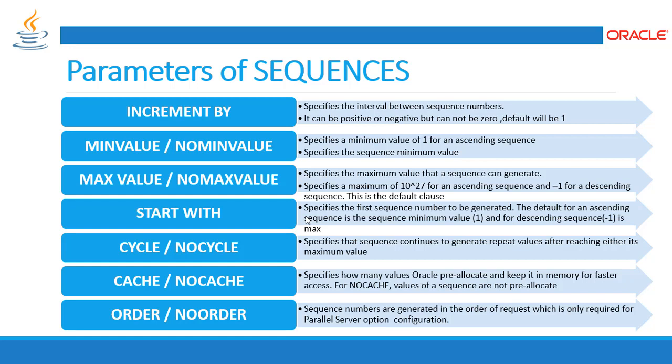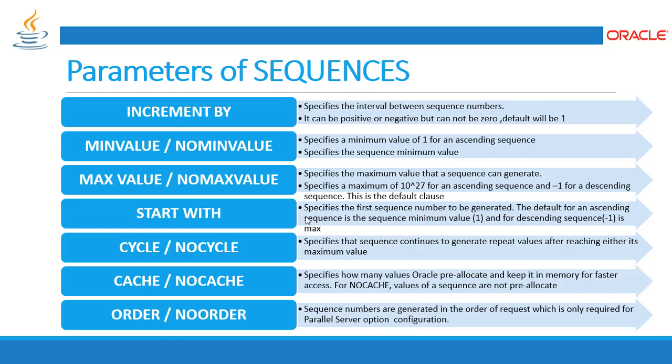You can specify even the interval. You can have an interval of 2, like 2, then 4, then 6, then 8. You can decide any specific interval for your data, along with some limitations.